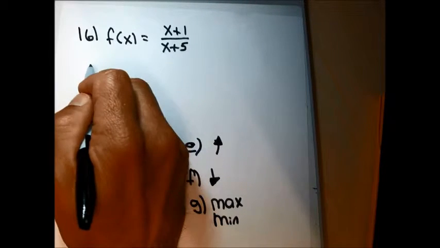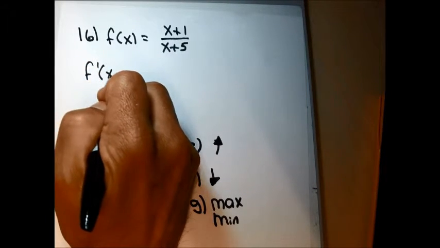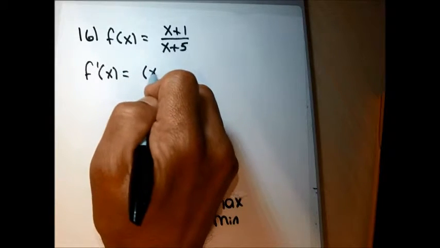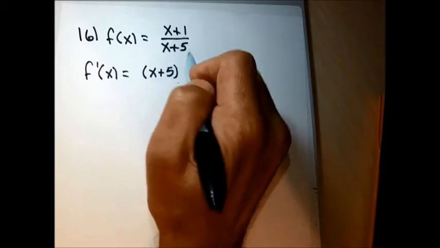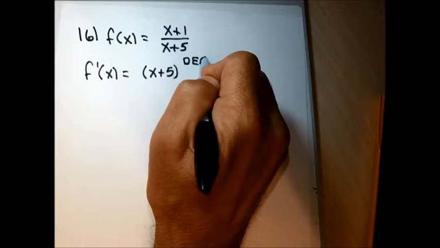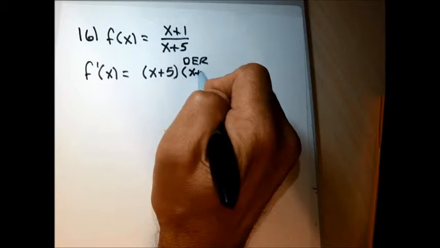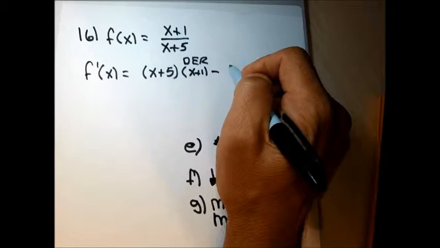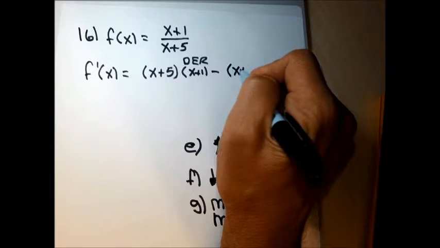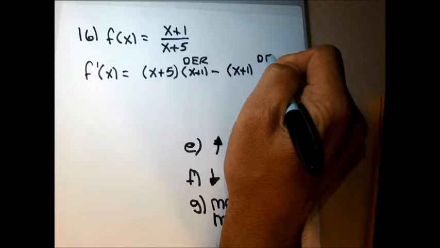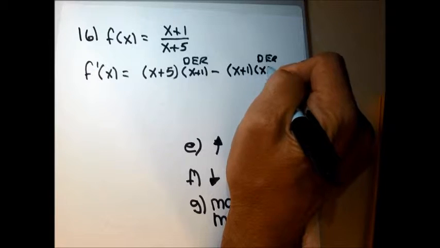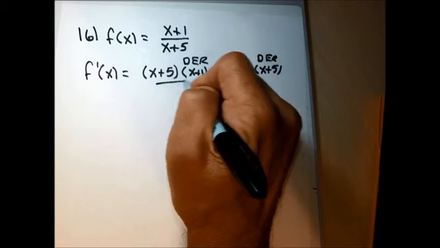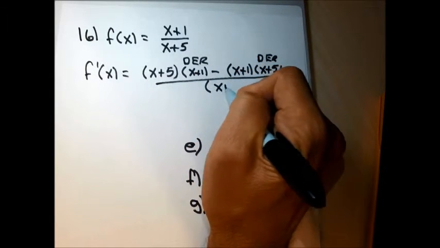So I'm going to find the derivative. F prime of x is going to be the denominator x plus 5 times the derivative of the numerator, that's the derivative of x plus 1, minus the numerator x plus 1 times the derivative of the denominator, which is the derivative of x plus 5, all over the denominator squared.